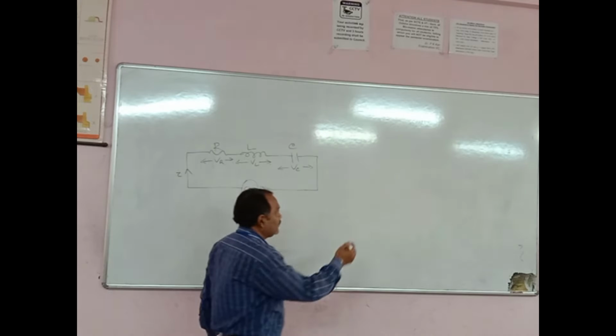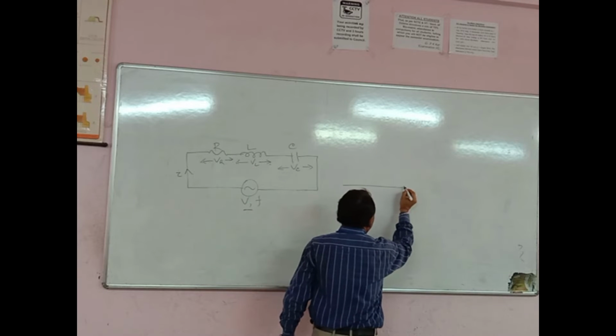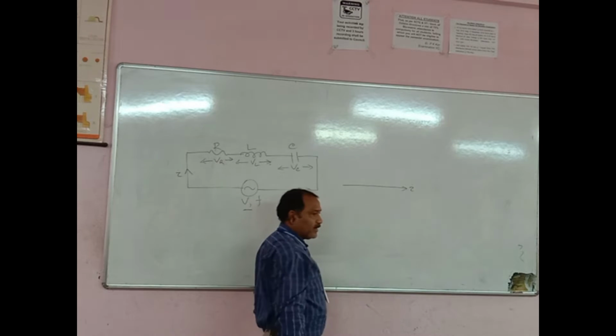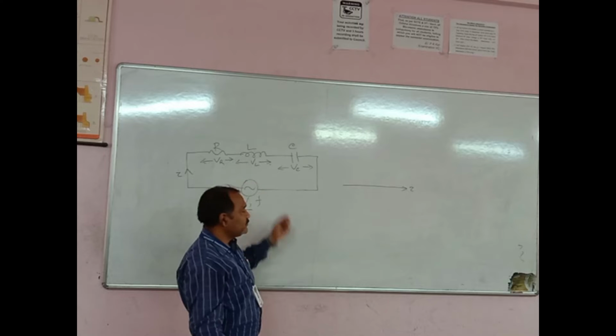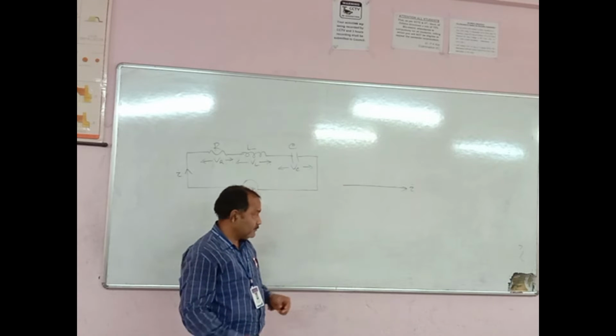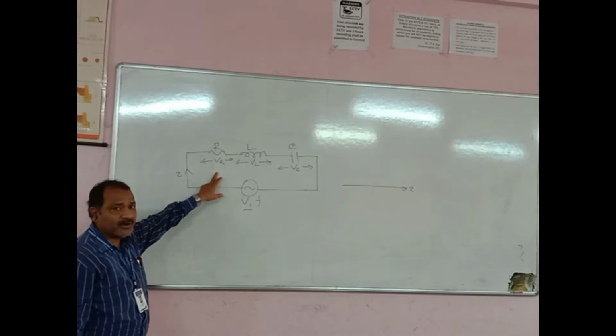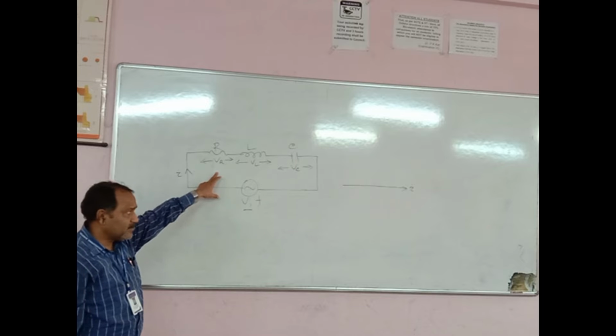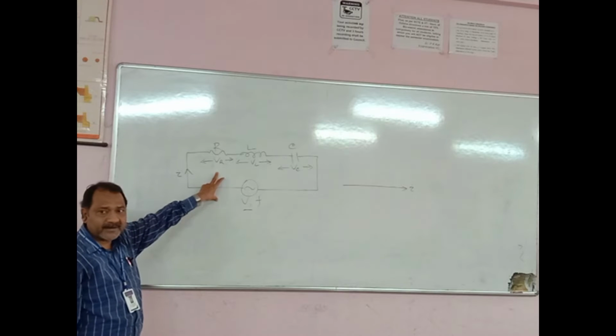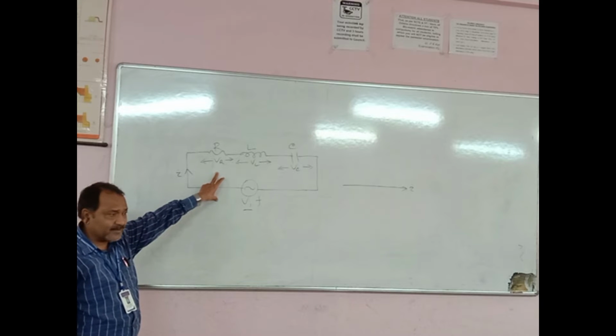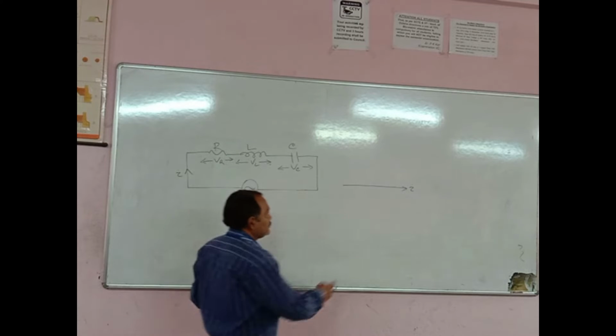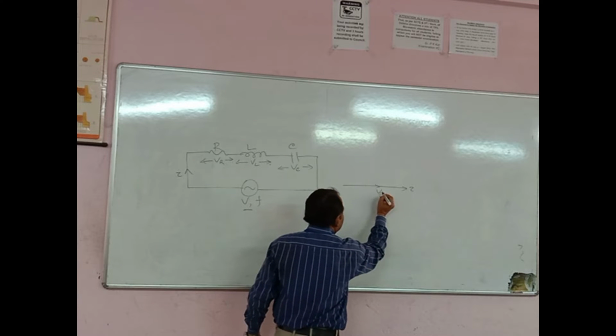If we take the reference as current I, then the voltage across the resistance will always be in phase with the current, because in a purely resistive circuit, current and voltage always remain in the same phase. So this is VR.